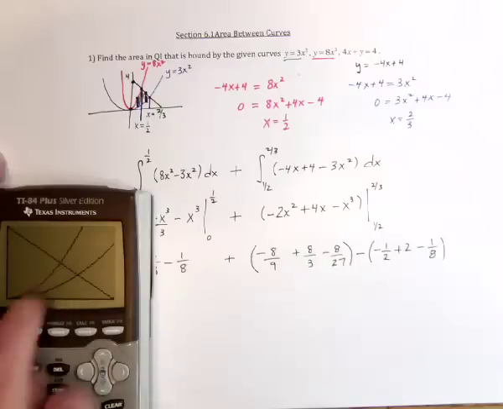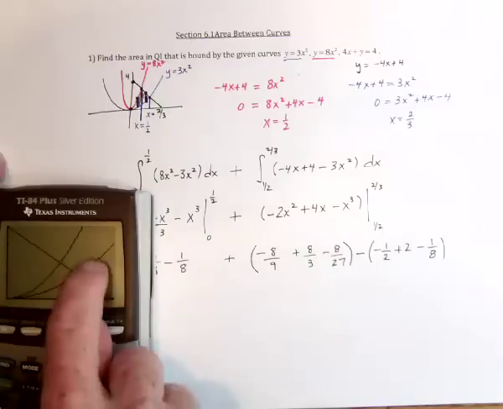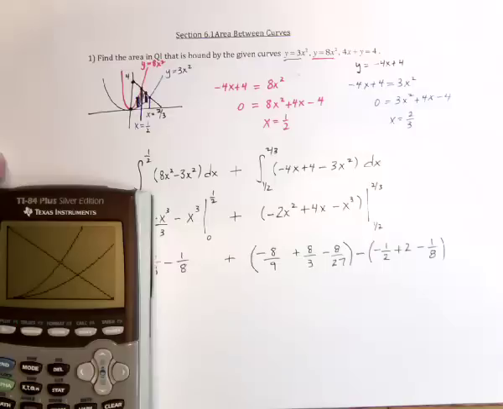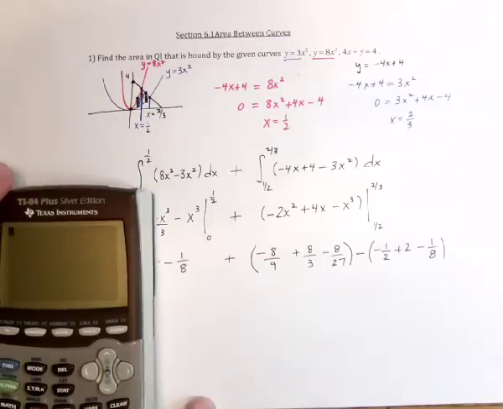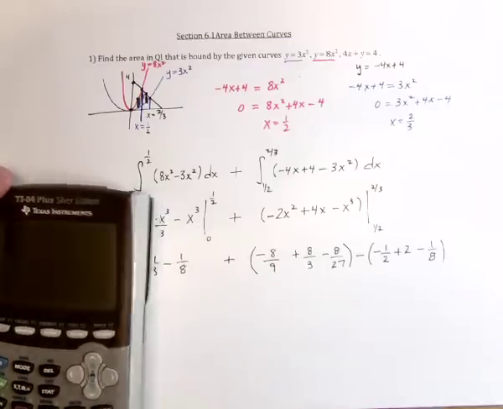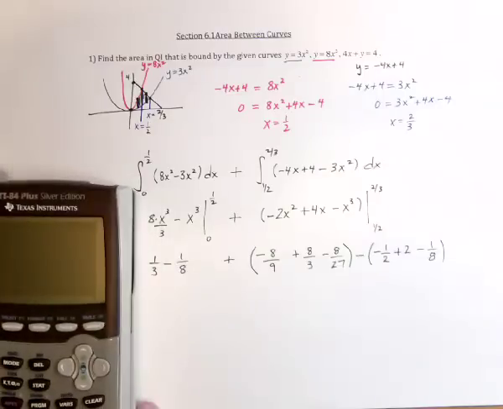And then this is maybe less than a half, a quarter of that. So 1/4 of a 2. So I would say the answer is going to be less than a half. That's just my geometrical guess. Less than a half. So let's see, I've got 1/3 minus 1/8.